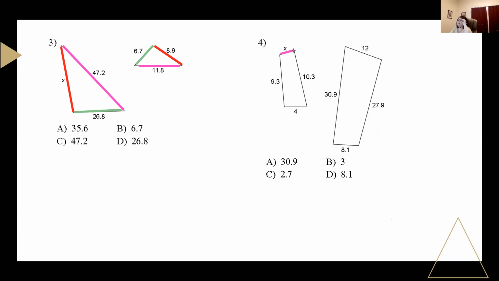So this is the smallest one, and this one's the smallest one, and then this one is a medium one, and then this one is the medium one, and then let me switch colors. There we go.